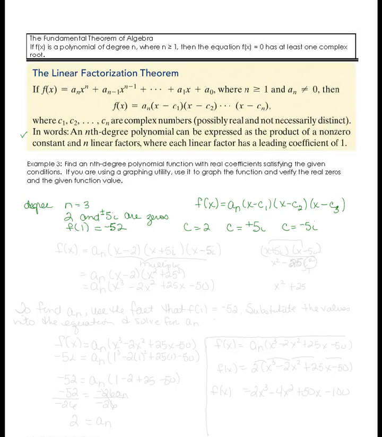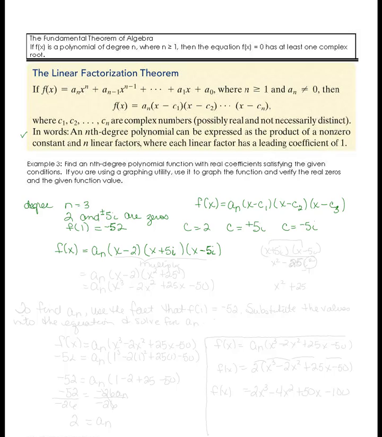We have f of x equal to a sub n times, for our c sub 1, we plug in 2. Our c sub 2, we plug in x plus 5i. Our c sub 3, we plug in x minus 5i. When you plug in the negative 5i, you multiply it by the negative, and that's where the plus comes in.